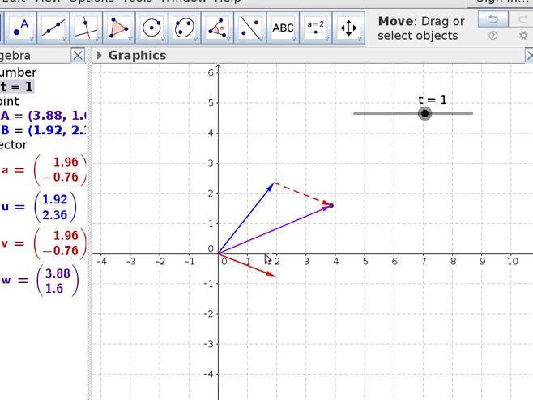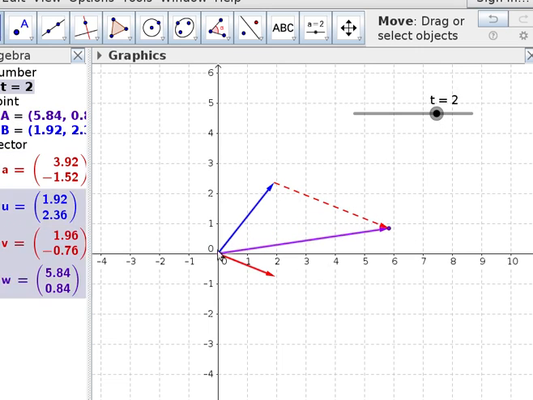Now I'm taking this a little bit further with the idea that, well, what if I scale this red value? And here's my scale factor. T is equal to 1 right now. So that's why this dotted red line is just the same as the red vector, they're both the same length. But if I were to double that, you can see it's still along the same direction as the red vector would be, but now it's twice as far.